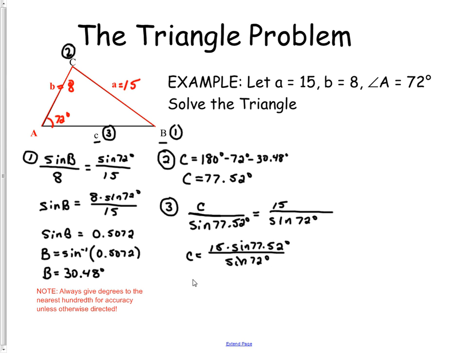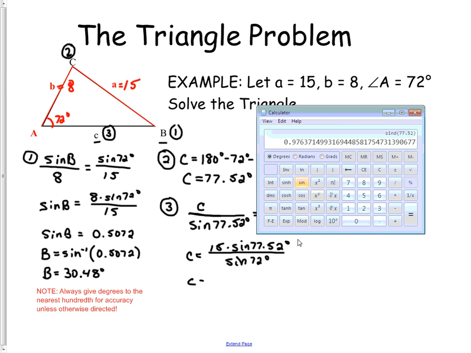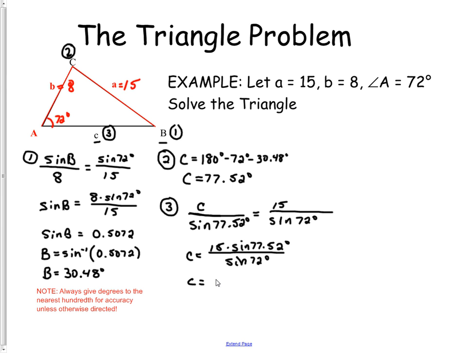All right, working that out, I'll get out my calculator again. We take the sine of this angle, multiply that result by 15, and divide by the sine of 72 degrees. That gives me 15.4 when rounded. 15.4 is the length of side C.